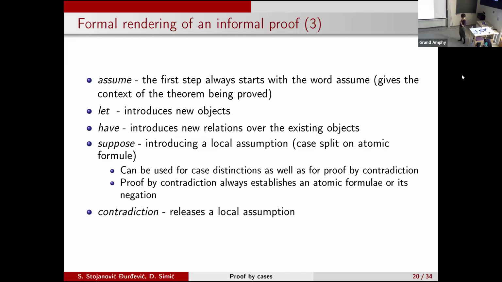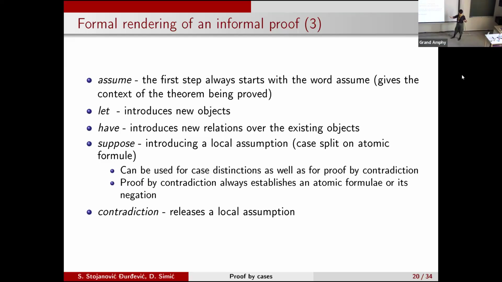When we have proof by cases, now we need to add a new word, which would be suppose. But again, we have to stress that it needs to be a case split on an atomic formula. But also, what is nice is that we can use simple case distinctions for proof by contradiction, because we will basically write both sides.